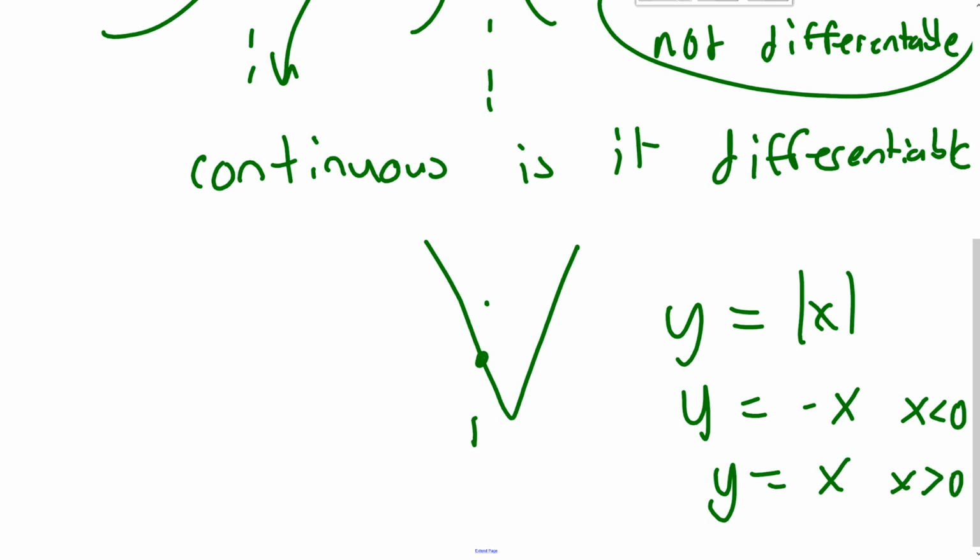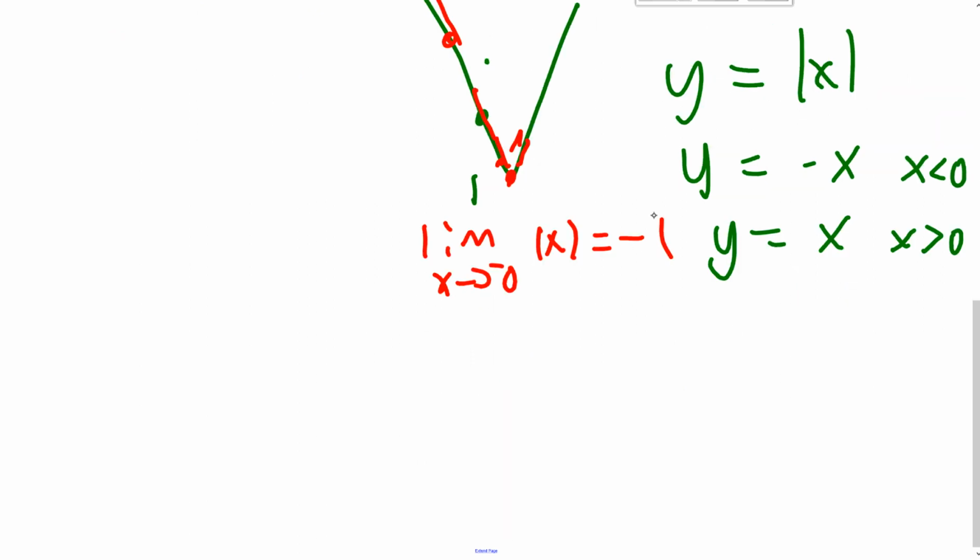Well, look at the slopes. This slope is going down, this slope is going down, this slope is going down, and then I go up, right? So right here at 0, the limit as x goes to 0 from the left is -1. And the limit as x goes to 0 from the right is +1. So what's the overall limit then?